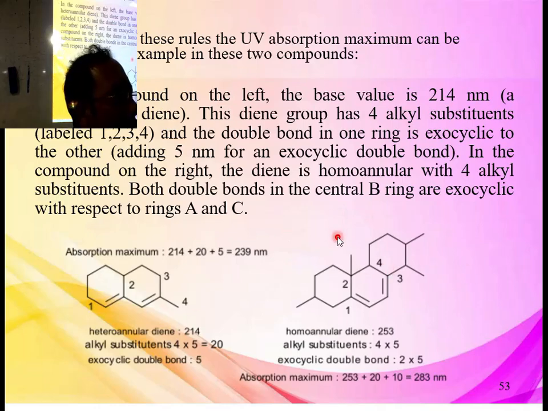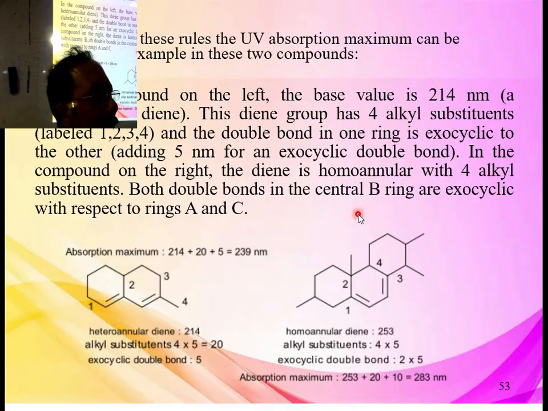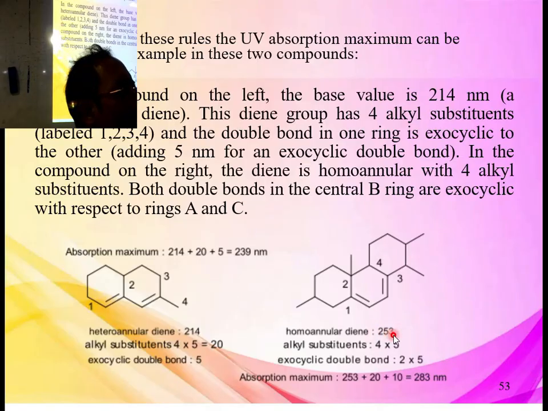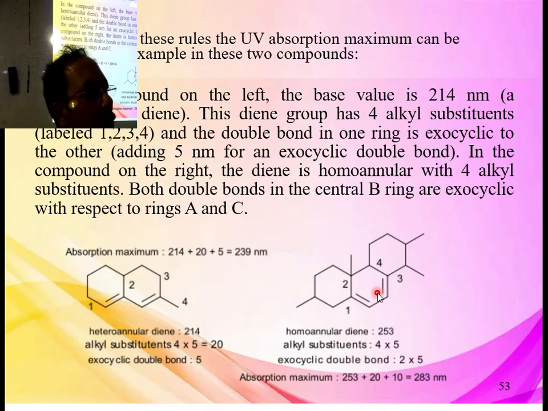In the homoannular case, the extent of conjugation is better. That's why you get a longer wavelength: here 214, here 253. The extent of conjugation is not that effective here compared to this. Here it is better conjugation, so the shift is towards red.